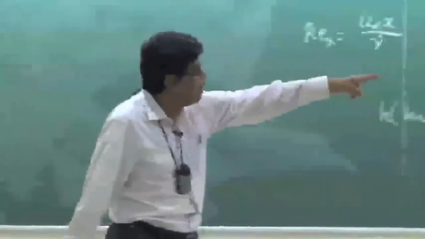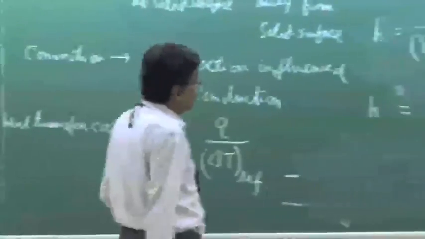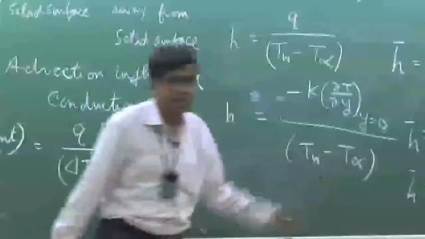So therefore our first attempt will be, let us make a non-dimensionalization of this thing, k del T del y divided by Tw minus T infinity. That means let us first try to non-dimensionalize the temperature.